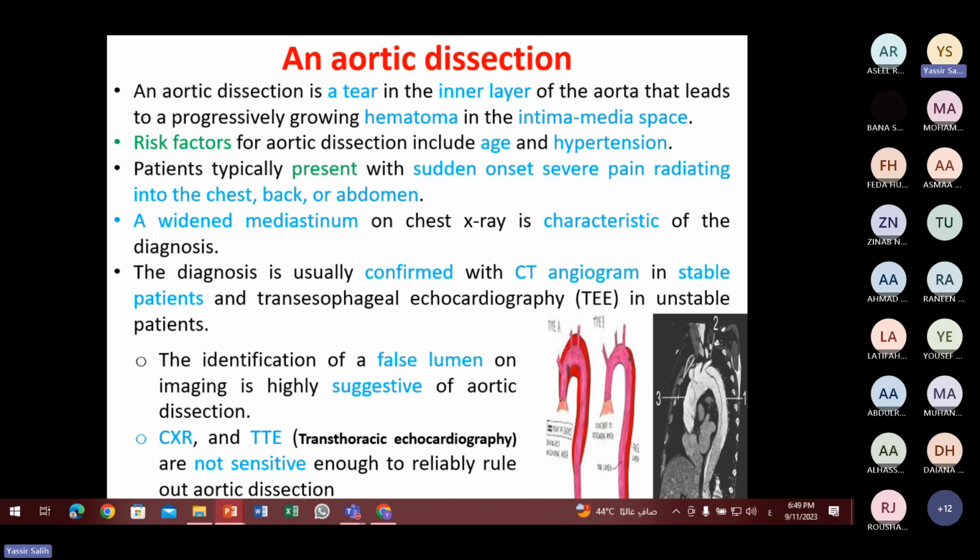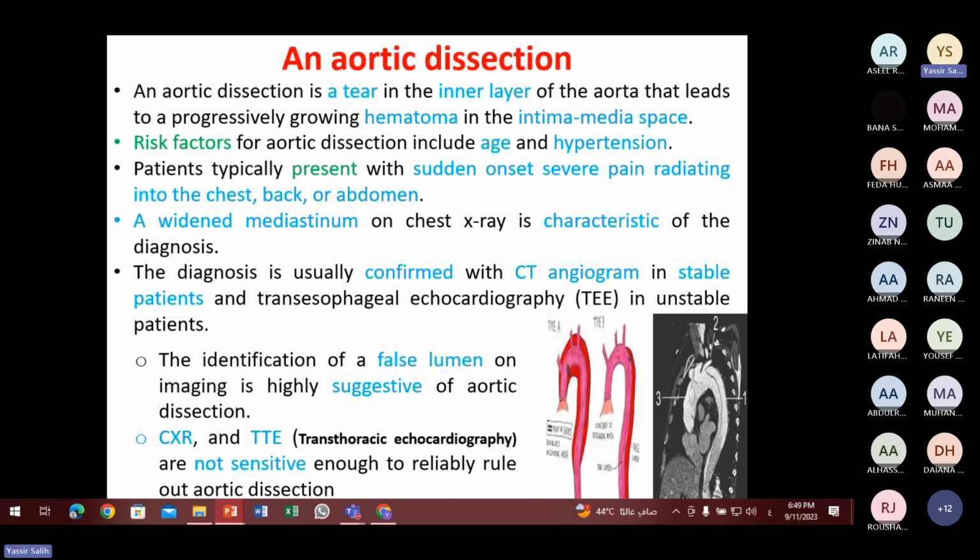The CT angiogram is the best and most sensitive. If the patient is stable, it is best to do the CT angiogram, but if not, because of the hazard, we quickly do transesophageal echocardiography for the unstable patient.